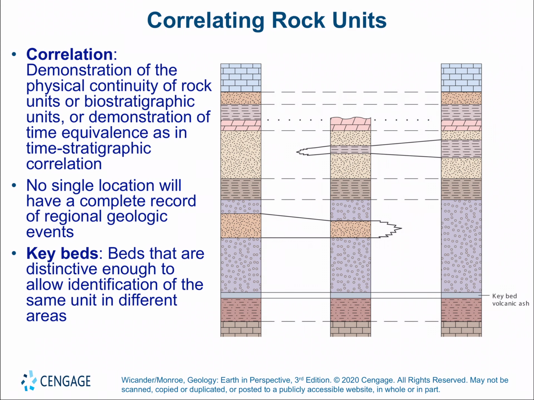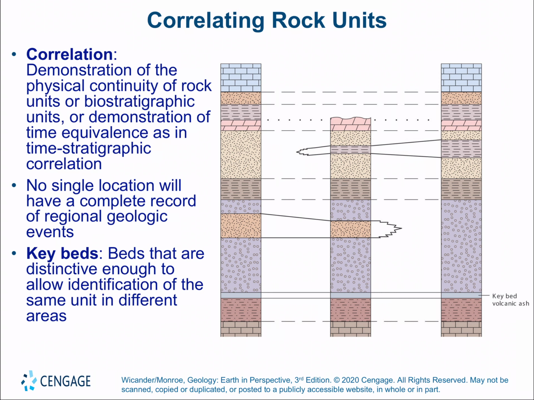Now let's look at what's known as correlation of rock units. Correlation is when we demonstrate the physical continuity of rock units or biostratigraphic units, or even the time equivalence of units, called time stratigraphic correlation. Not any single location is going to have a complete geologic record.